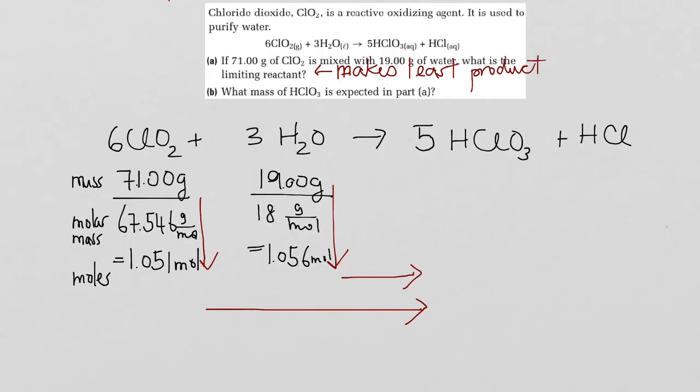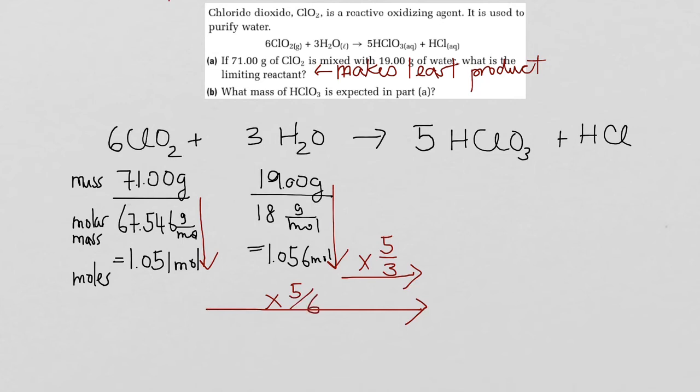So we're going to do the same thing here. So the mole ratio you have to multiply by for water is 5/3, because you took the numerator from the quantity that you have to calculate for and the denominator from the quantity that's given. And the ratio here is 5/6.